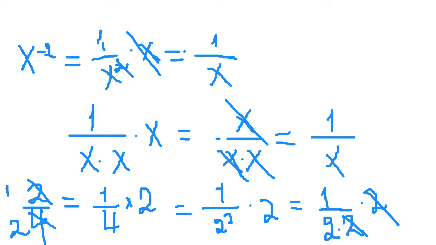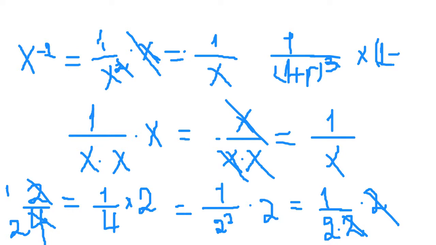So think of it like 1 over 1 plus r squared, if x is 1 plus r squared, or all to the third, 1 plus r cubed, and say you are multiplying it by 1 plus r.